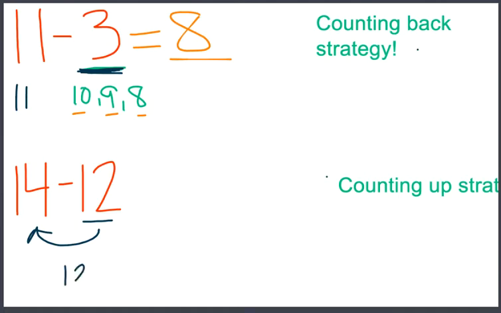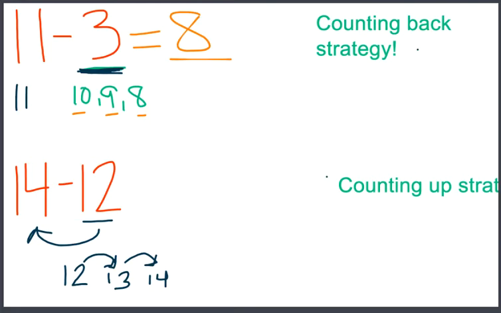And if you thought about this like on a number line or looked at the number line in your math journal, 12 to 13, 13 to 14. That's just 2 hops. That's much easier than starting at 14 and going back 12 numbers.